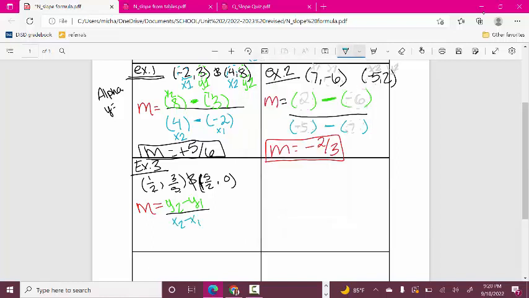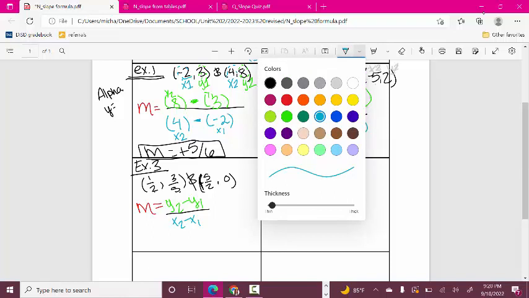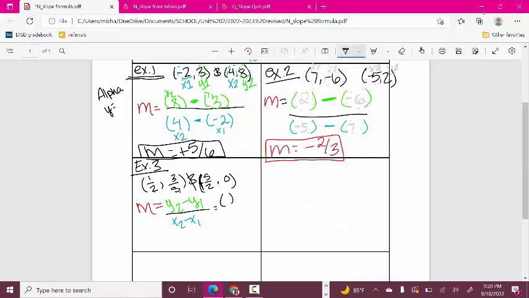Okay. So I'm going to rewrite that now with bubbles in place of all of the letters.